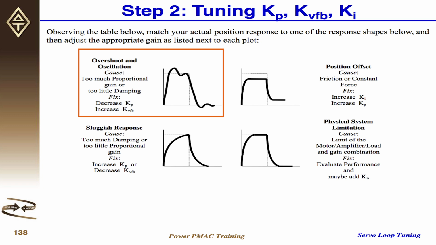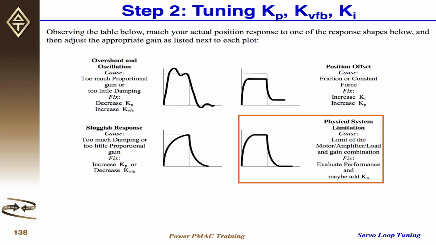Once you've achieved that, your KP is probably sufficient, and you can just add KVFB so that the amplitude of the oscillation goes to 0, and you don't overshoot anymore, but you simply rise to the target and then stay at the target. Then you'll see something effectively like this.